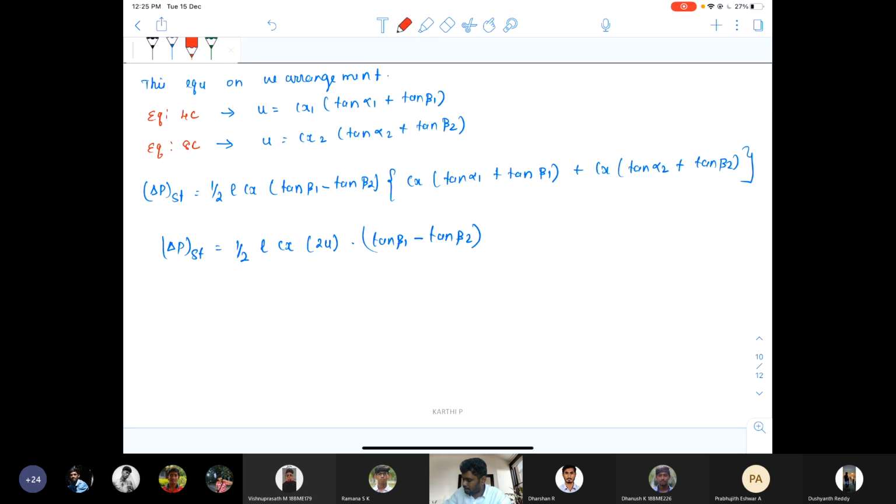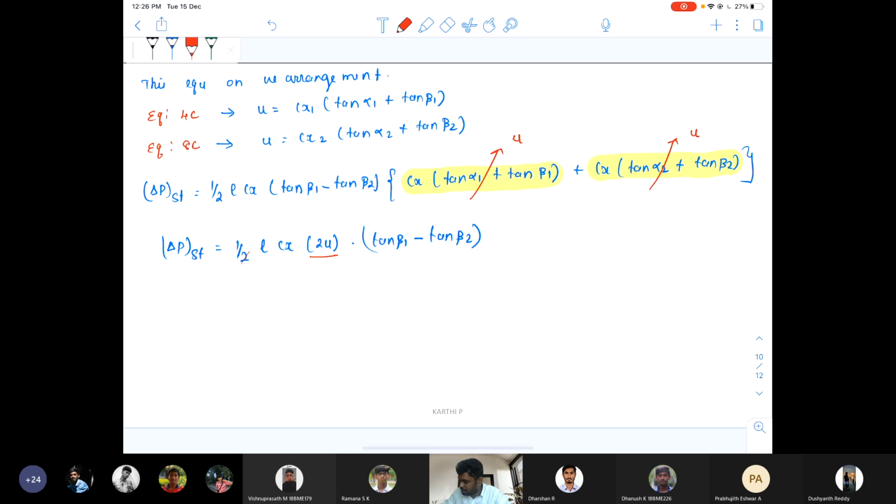Both terms are replaced by u, so by adding both the peripheral velocities, you get 2u.